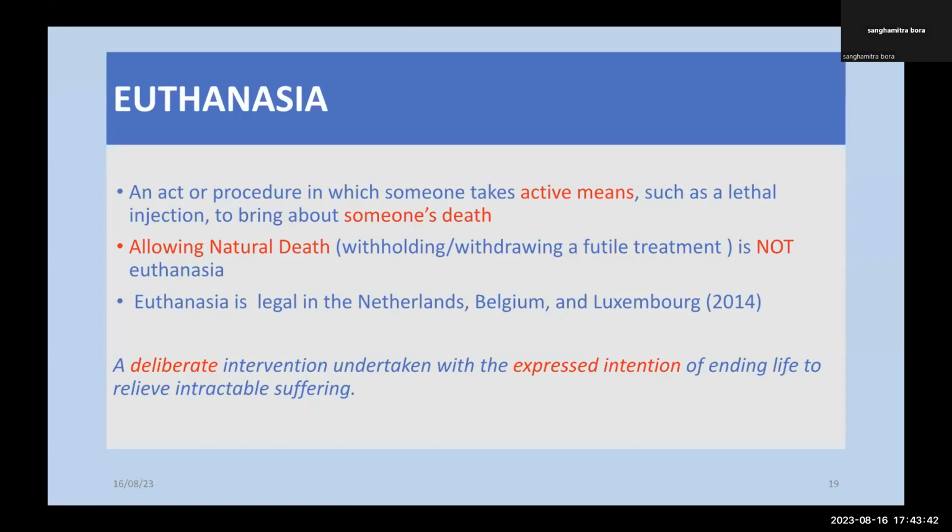You are actually killing a person, whether it is by the person's wish, or in consensus with the family. You are deliberately injecting something, taking an active means to end the life of the person. Okay, you're not allowing the natural death to occur to this particular person. So it is amounting to murder. It cannot be counted as mercy killing and all these fancy words that are used for euthanasia.